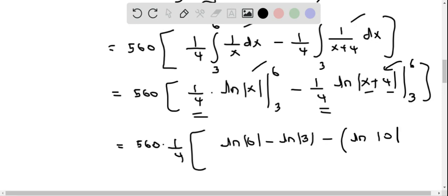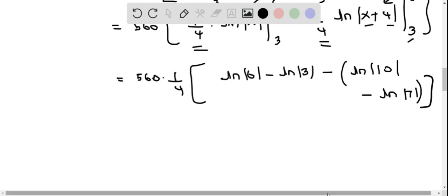So this is natural logarithm of 10 minus natural logarithm of, applying 3, that is the lower limit, we get 3 plus 4 equals 7. So this is natural logarithm of 7. We close this bracket. 560 divided by 4 equals 140. So I write 140 here times, let's simplify this.